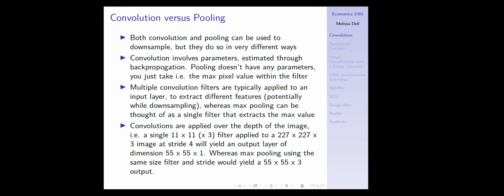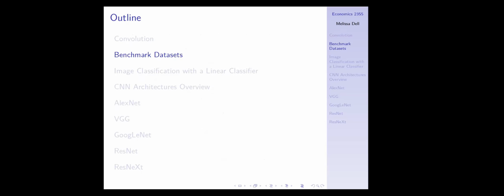It combines the depth of your input just using the dot product. Whereas max pooling, if you have the same size filter and stride, you're going to get a 55 by 55 by 3 output because you're just downsampling. You're not combining the depth of that input.